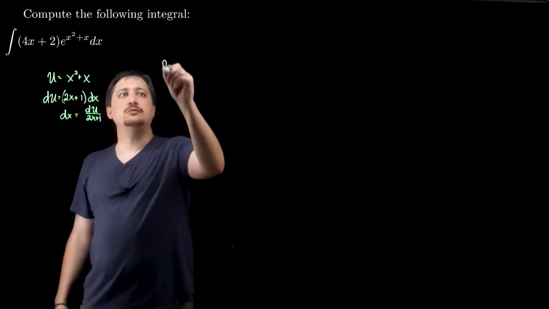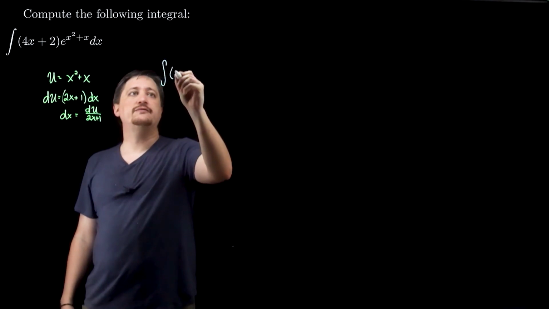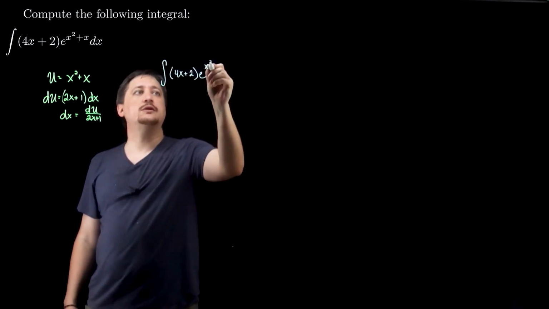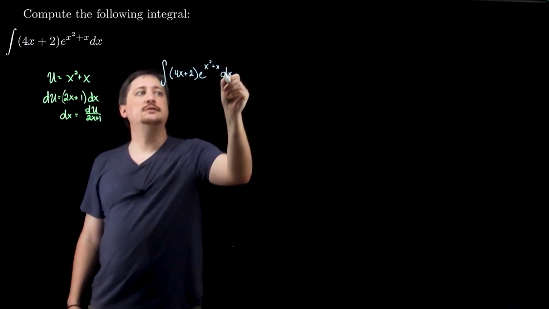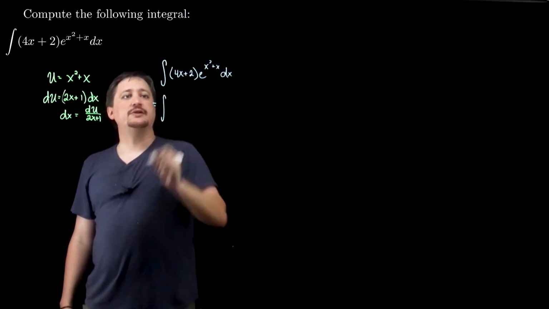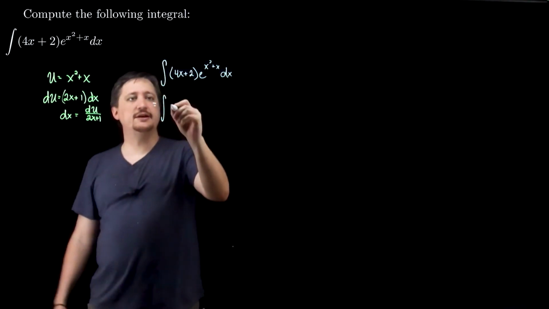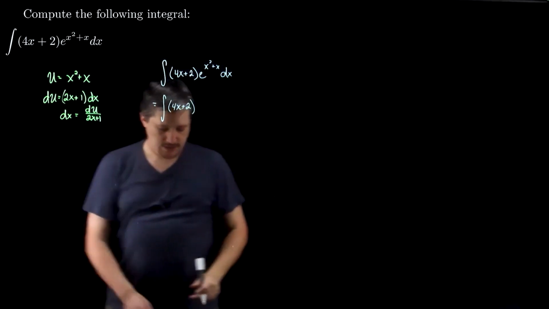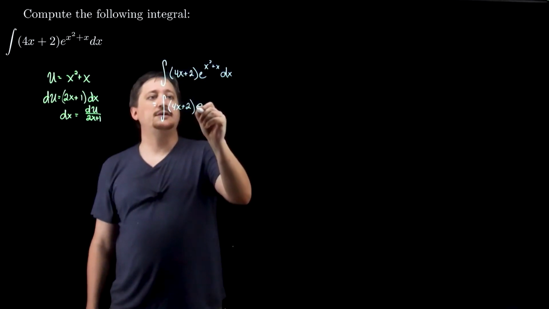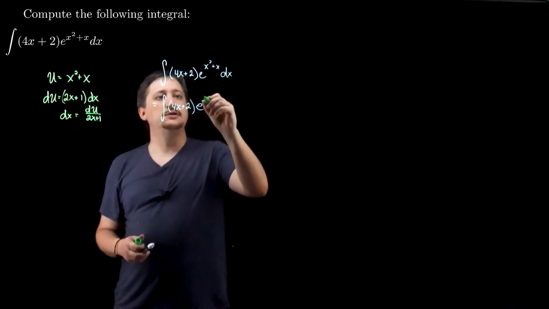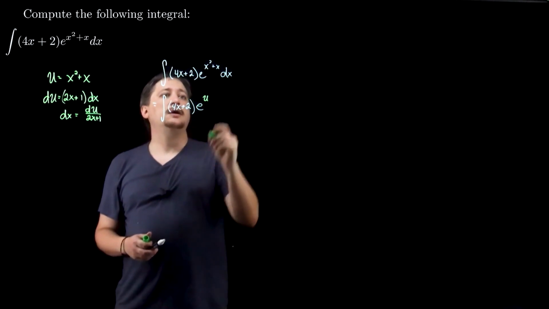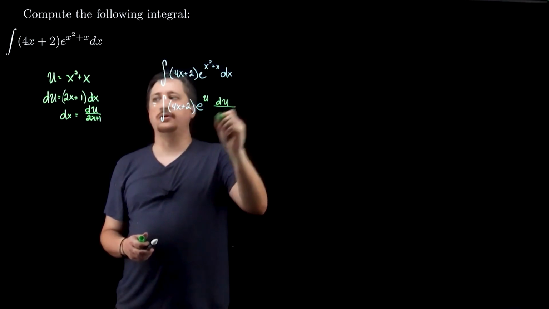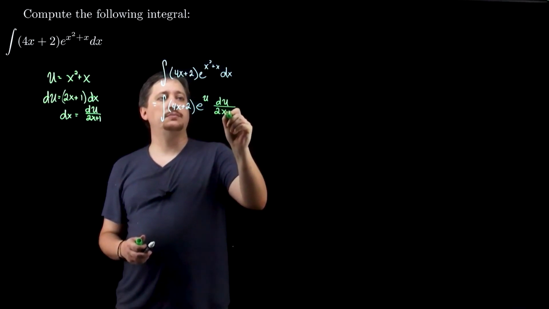So my original integral was 4x plus 2 e to the x squared plus x dx, which when I substitute everything out, I'm still going to have the 4x plus 2, and I'm going to have the e, but now I have e to the u, and when I sub out the dx, I'm going to get du over 2x plus 1.